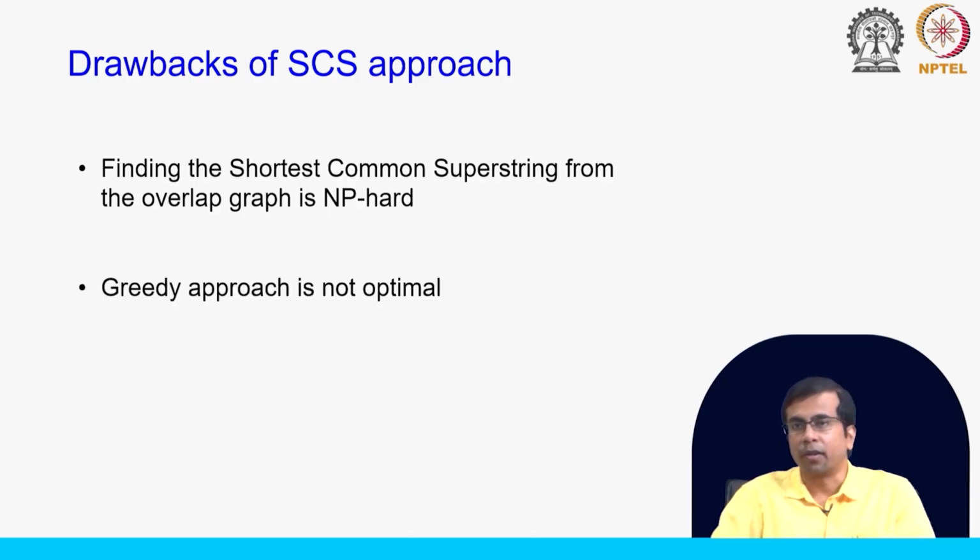We also talked about the greedy approach, which could give us a workaround to this problem. What the greedy approach does is take the best possibility that is available at that point, and it tries to find a solution. With the greedy approach in shortest common superstring, it will start merging reads that show the most overlaps, and it will go on with that approach and try to find the reference genome.